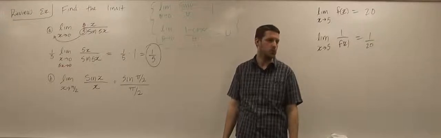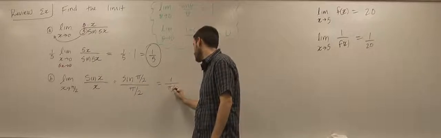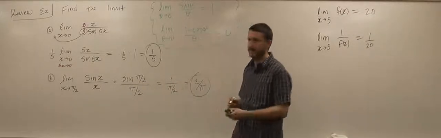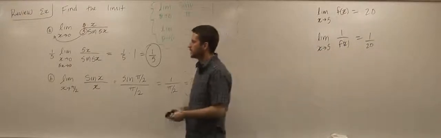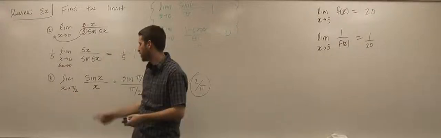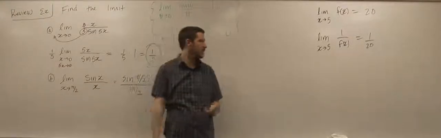What's sine of pi over 2? 1. 1 over pi over 2. So if you're not going to 0 here, you can't apply this limit, and in a lot of cases you'll just be able to plug it in.